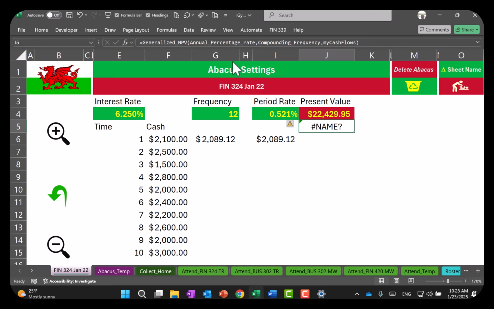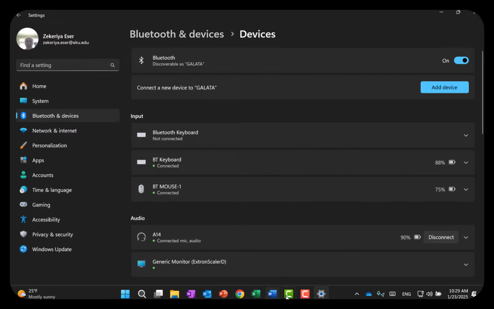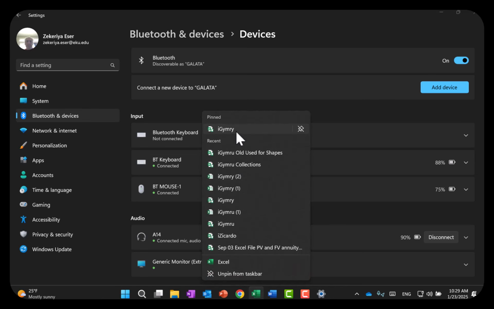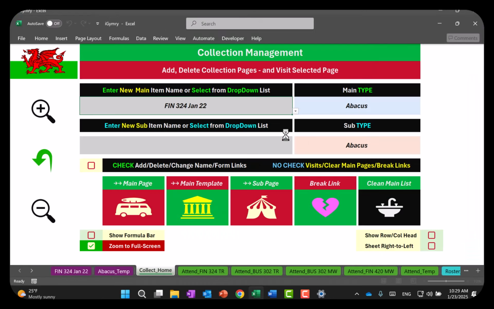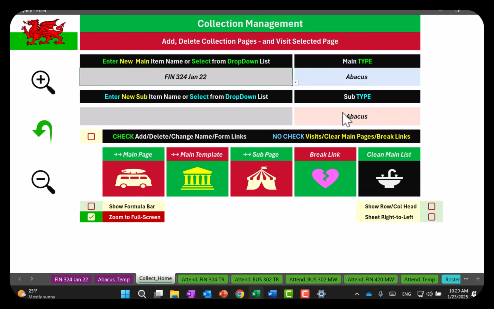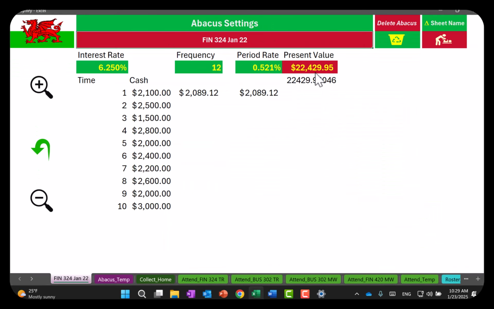For some reason, it doesn't recognize the function. Let's save this and come back. Sometimes you need to do that. Okay, the abacus. Right here.